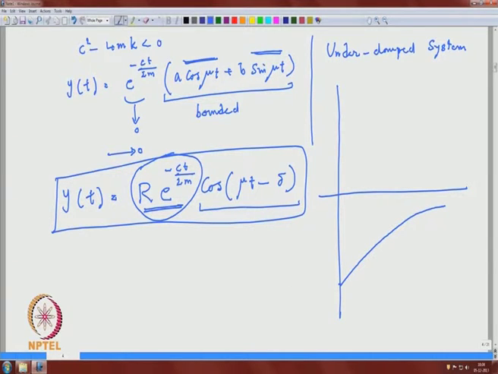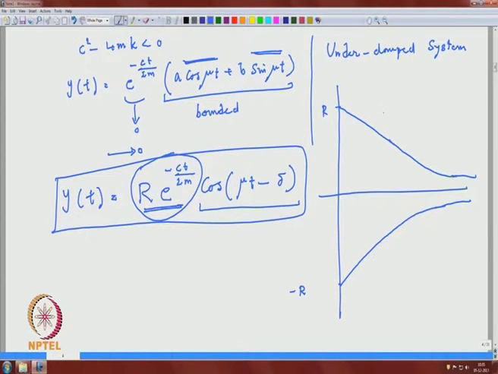This is nothing but minus r e power minus c t by 2 m, and here you have a plus r, and you have this curve. It is a symmetric curve. It does not look symmetric, but you can plot it.